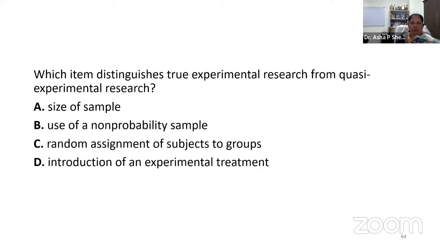Which item distinguishes true experimental research from quasi-experimental research? Size of the sample, use of non-probability sample, random assignment of subjects to groups, introduction of an experimental treatment.